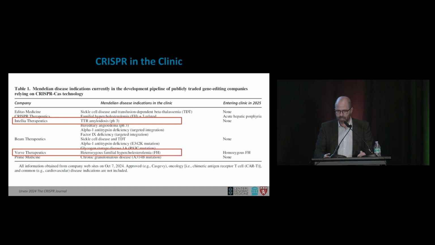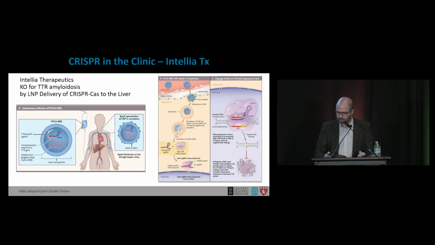So the patients are actually injected with a CRISPR reagent, and the editing occurs in vivo. I'll highlight the case from Intellia for TTR amyloidosis. Here they use a double cutter, a normal CRISPR-Cas9, that they deliver in a lipid nanoparticle.